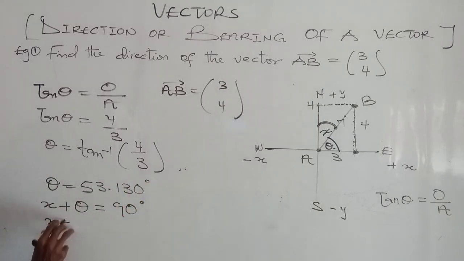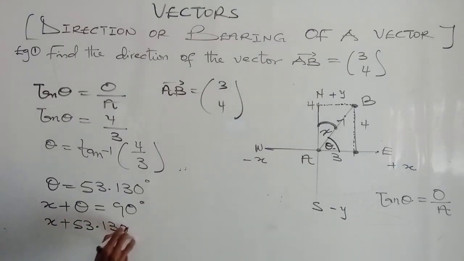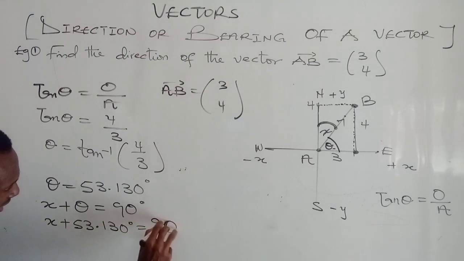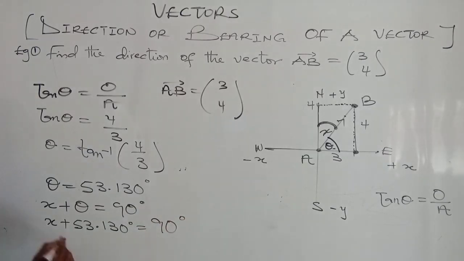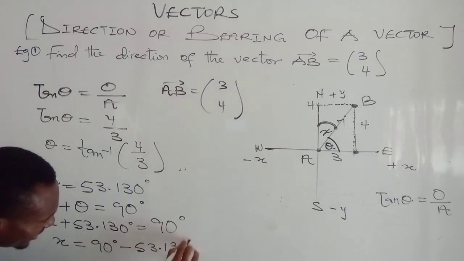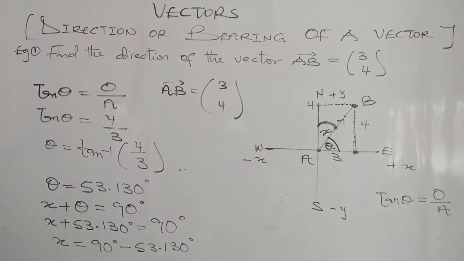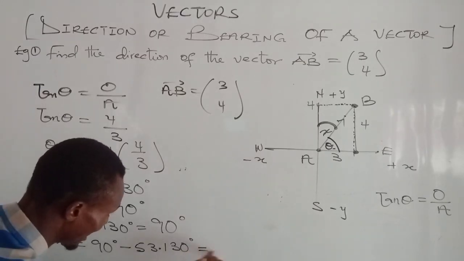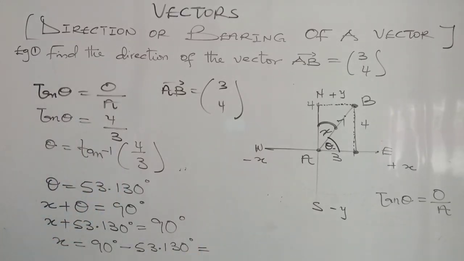So S plus 53.130 degrees equals 90 degrees. Making S the subject, S equals 90 degrees minus 53.130 degrees. Let's use the calculator to do it and see.